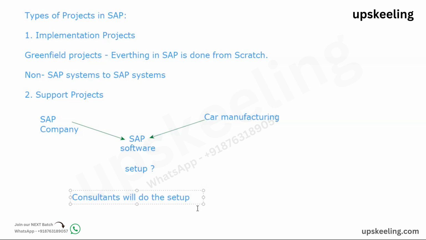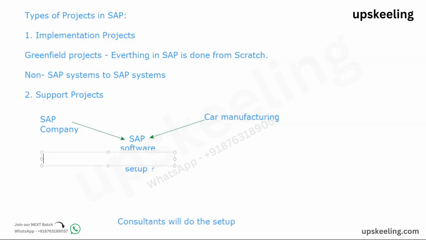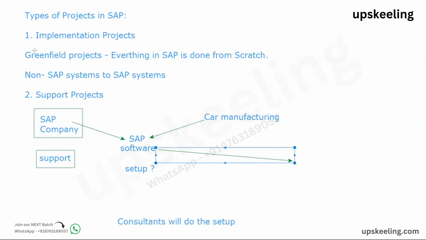But these consultants, where will we get them from? You can directly get them from the SAP company itself in the support services provided by SAP, but those are very costly. So what will you do? You will reach out to third party vendors, third party software service providers.